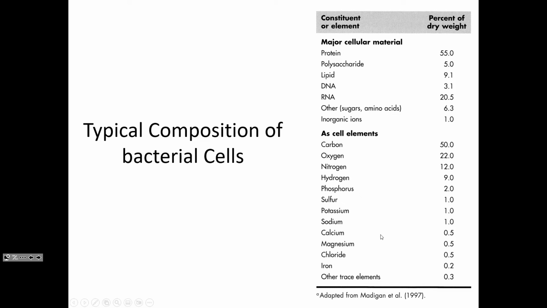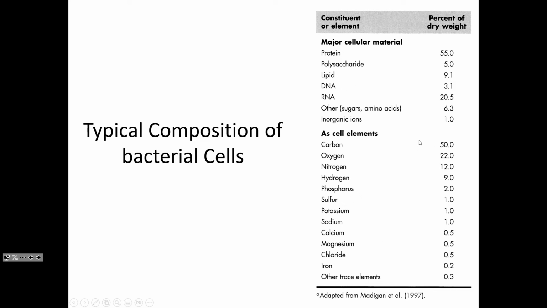Bacteria are mostly water, but this table that we have on the screen here is the dry weight. And so if you set aside the water, which is going to be upwards of 90% or even more of cells, then the major source of the mass that remains is protein and nucleic acid. And then if you break it down by the cell elements, you can see that a large part of the protein is carbon.